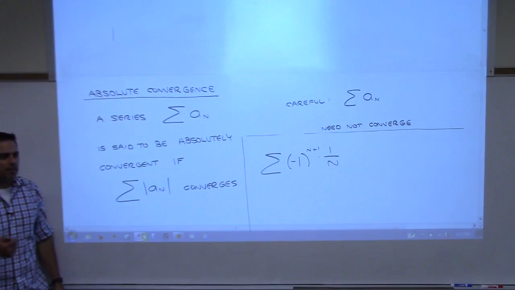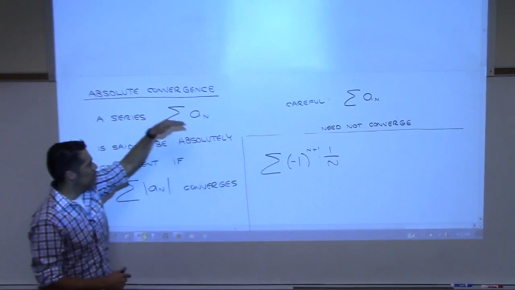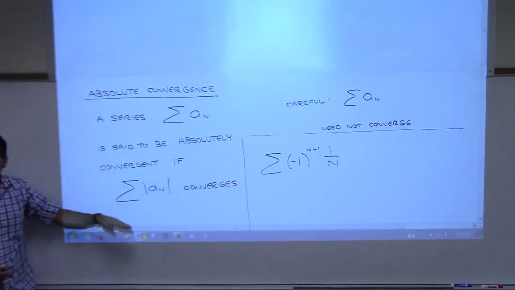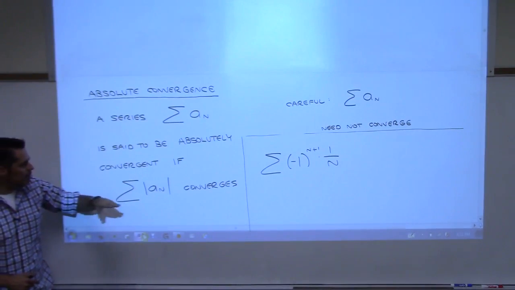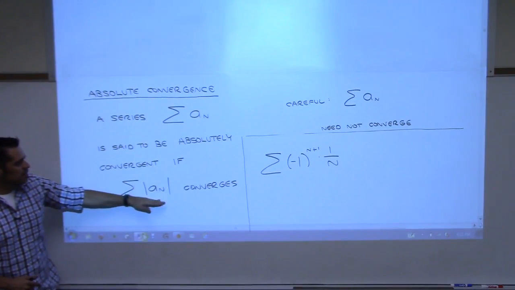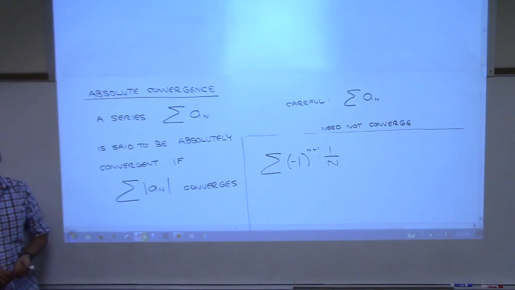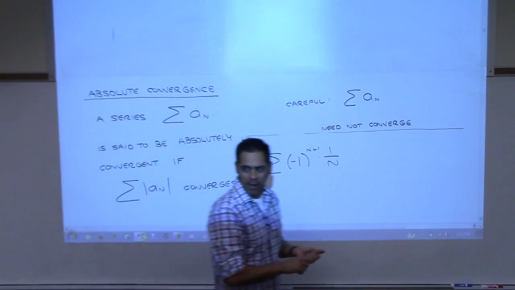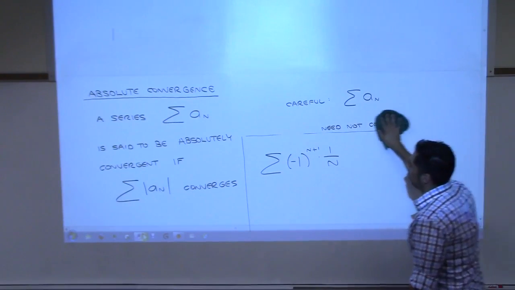I gave you an example a minute ago where this converged, but this diverged. Is it possible to go the other way around? This converges without that converging. You think it would be possible, right? I mean, what did I write? It says need not converge. That's right. Okay, need not.